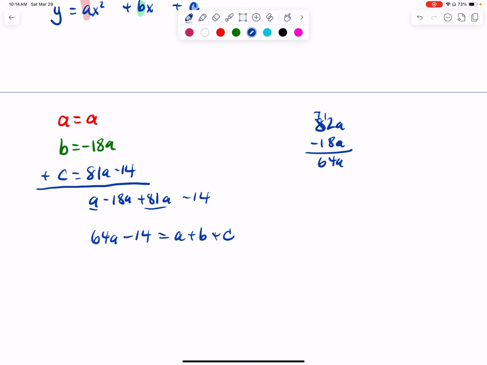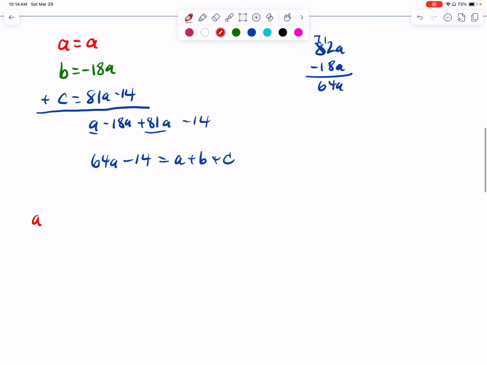So one of the things that we could do to find a plus b plus c is just plug something in for a. So let's say I try something pretty easy. Let's say I try a is equal to 1. If a is equal to 1, then we have 64 times 1 minus 14, which is equal to 64 minus 14, which is 50.